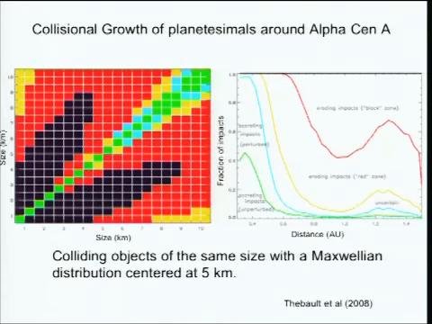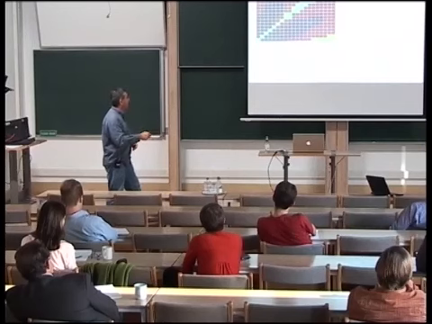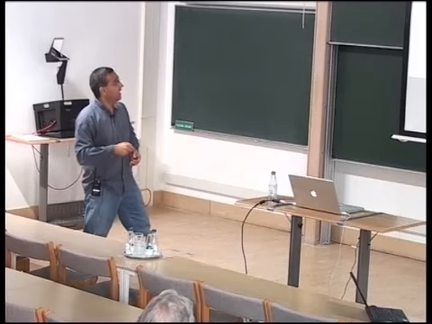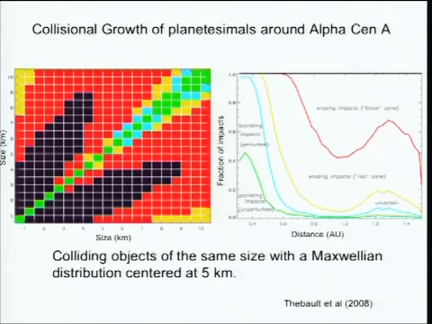As you see, the green one is the one that allows for collision and growth, and the others basically prohibit growth, and collision will result in shattering. What they show here is that if you have objects of the same size, especially smaller objects, you will have better accretion than objects of different sizes hitting one another.